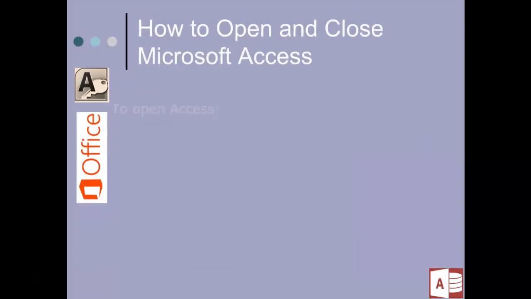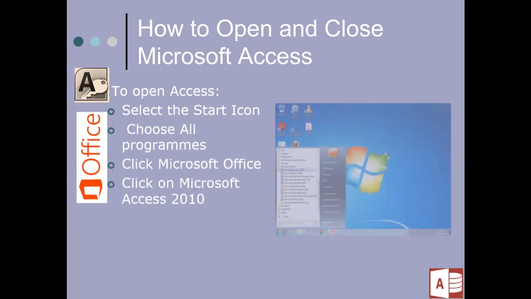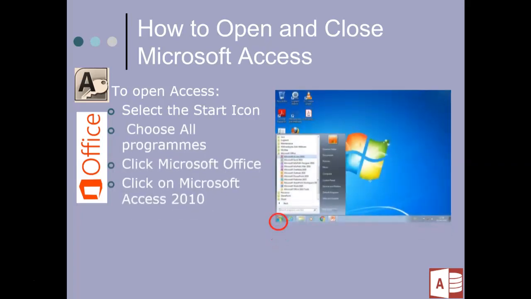The next slide is the fourth section of session 1, which is how to open and close Microsoft Access. To open Access, select the Start icon, choose All Programs, click Microsoft Office, and click on Microsoft Access 2010.